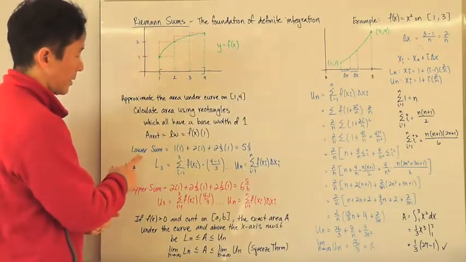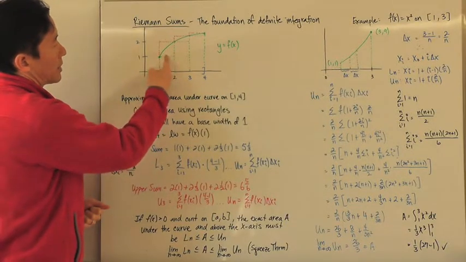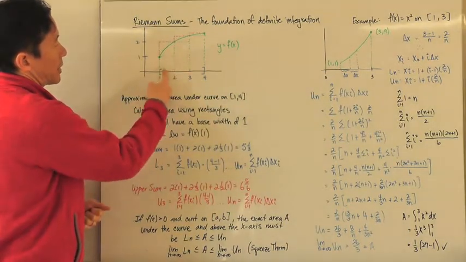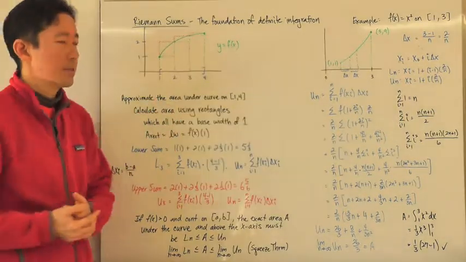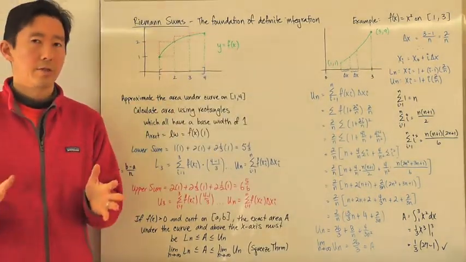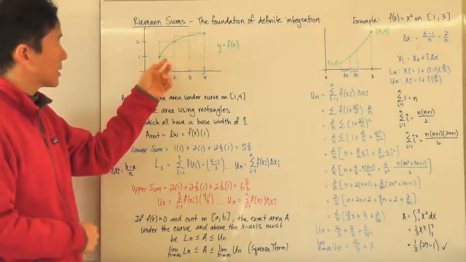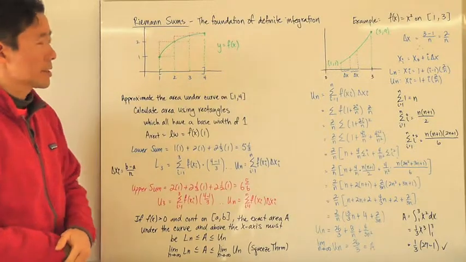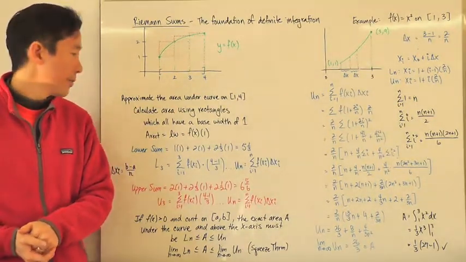These are all the blue values. The blue rectangles are this rectangle plus this rectangle plus that rectangle. If you compare the actual area under the curve and the lower sum, you can see that the lower sum is going to be less than the exact area under the curve.